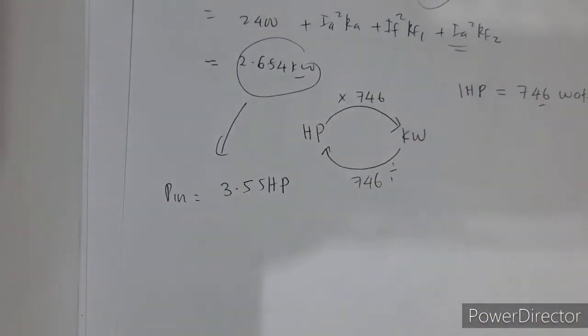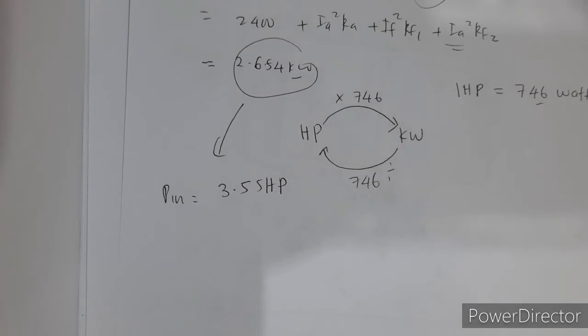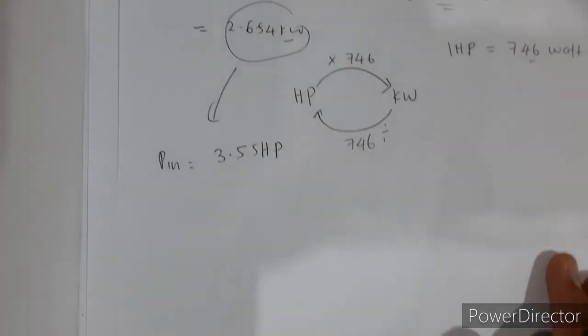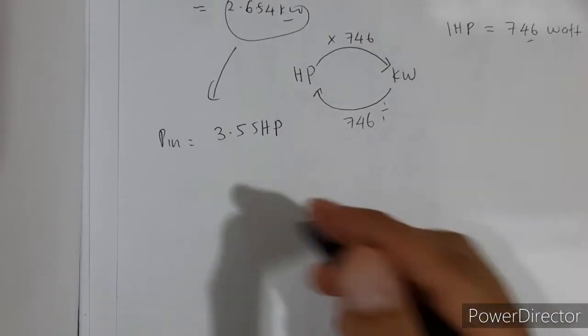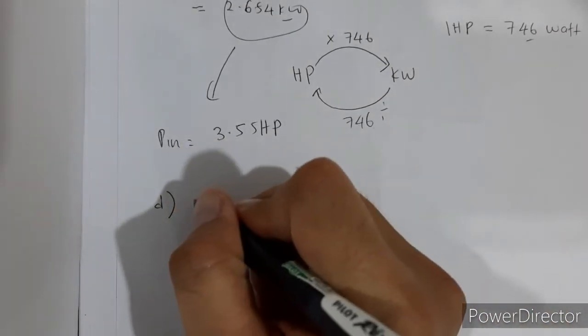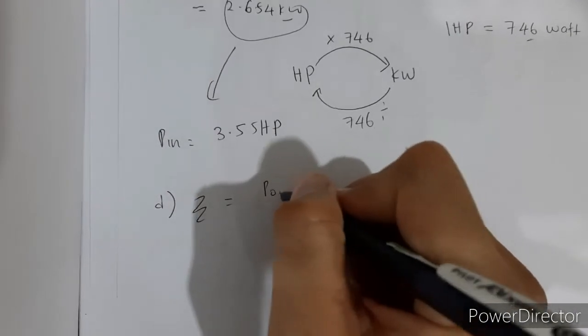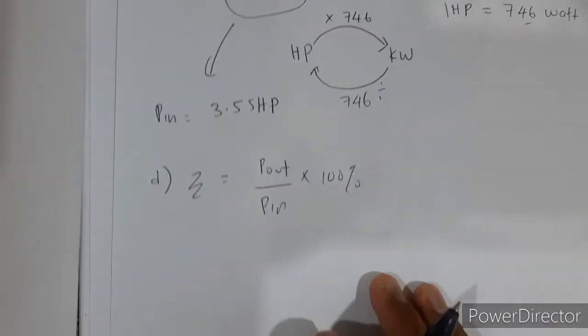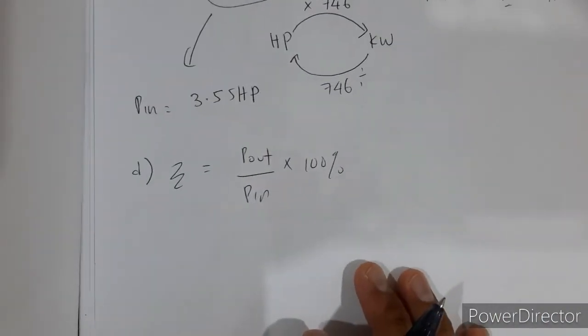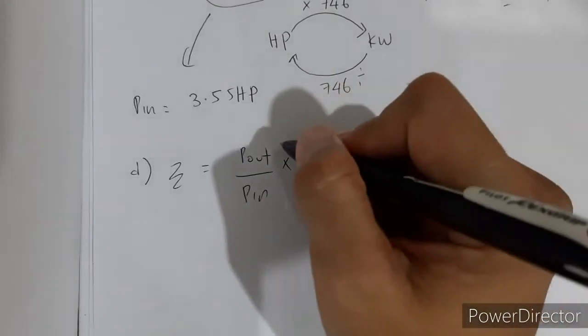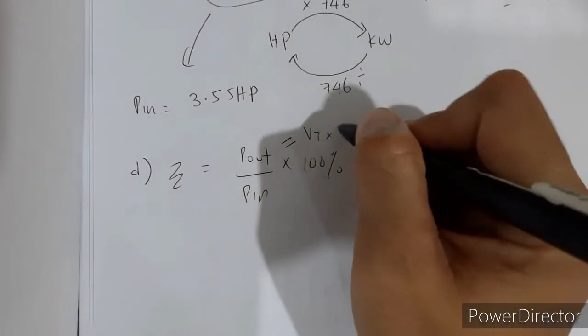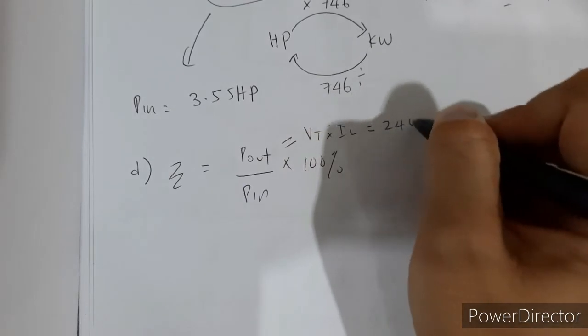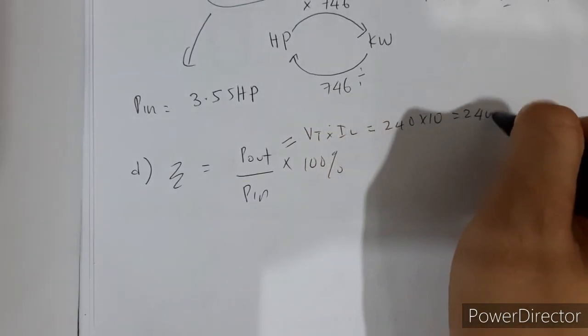So that is part C, find the input power. And then for D, find the overall efficiency of the generator given that the rotational losses is 600 watt. So you need to determine the overall efficiency, which is P out over P in multiplied by 100%. We know that P out is equal to VT IL, so VT multiplied by IL equals 240 multiplied by 10, so 2400.